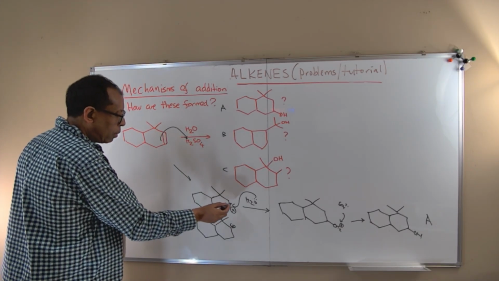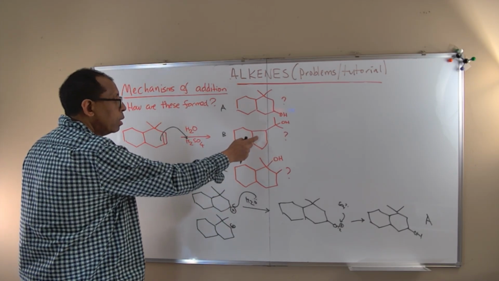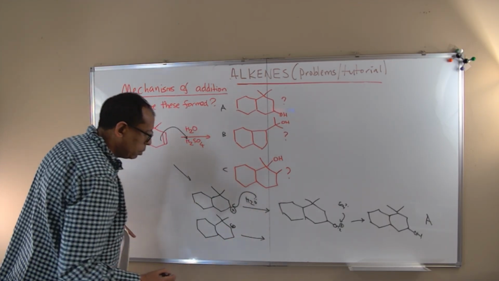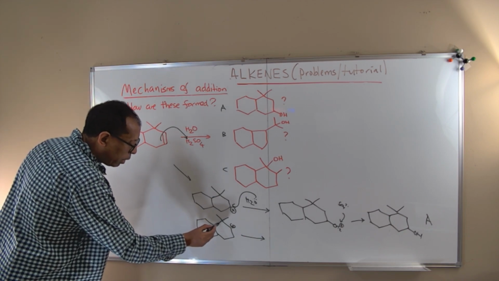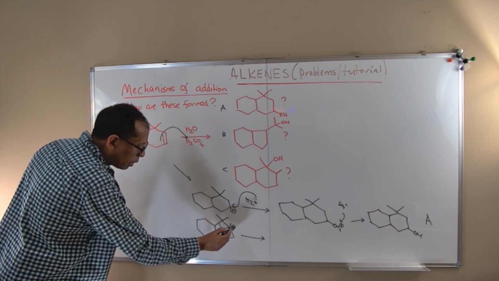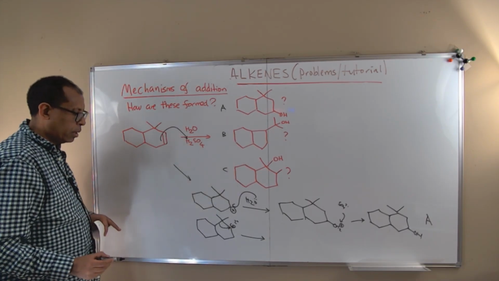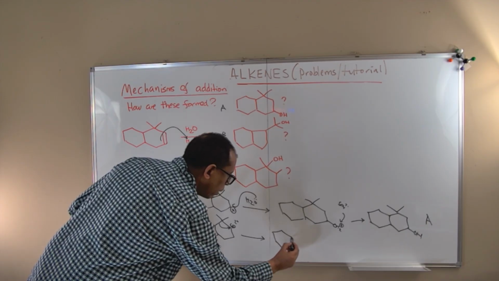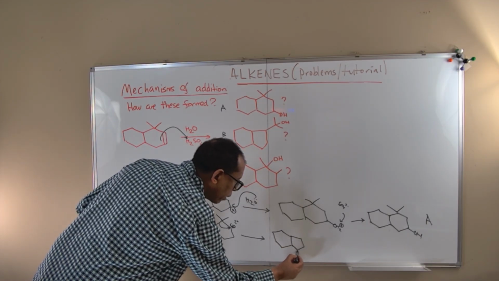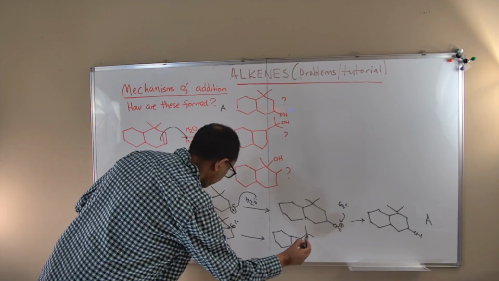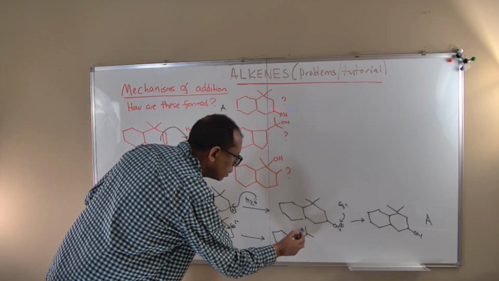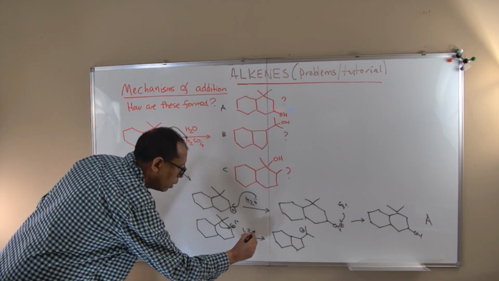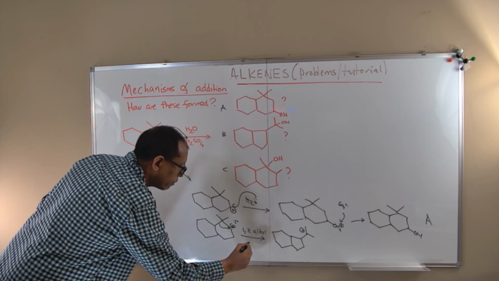So let's do this whole thing shifting to this. That's the secondary carbocation. It gives me a tertiary carbocation where I have a 5-member ring and I have this. This is a 1,2 alkyl shift.